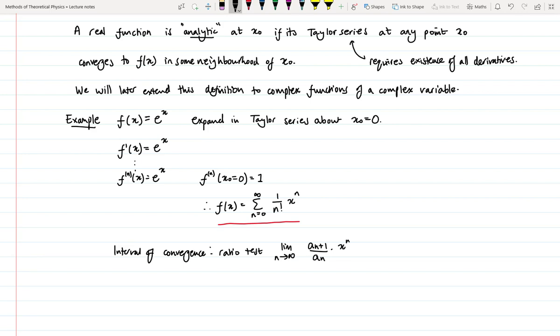And this will have x to the n plus 1 over x to the n. This gives us the limit of a_(n+1) over a_n times the absolute value of x. And we know that this has to be less than 1 for convergence.